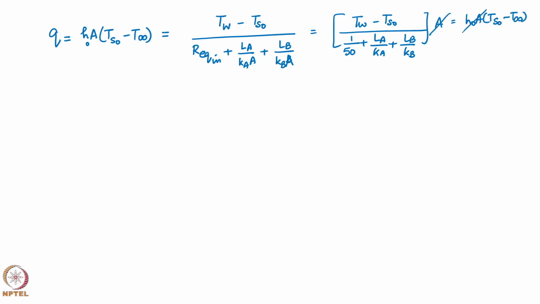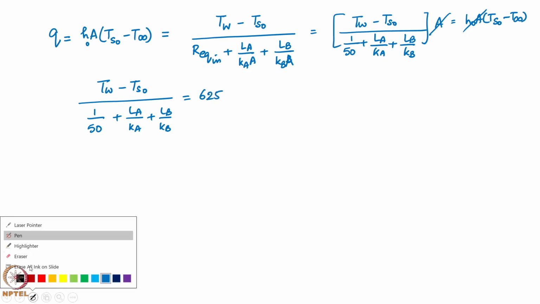This will get cancelled. 625 there. T wall minus T S O divided by 1 by 50 plus L A by K A plus L B by K B is equal to 625.